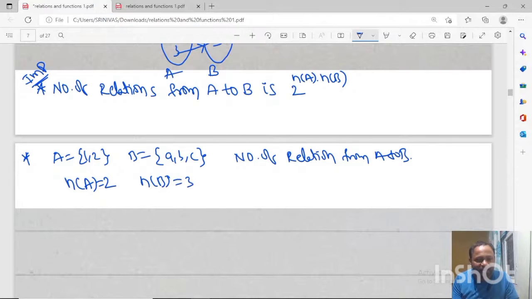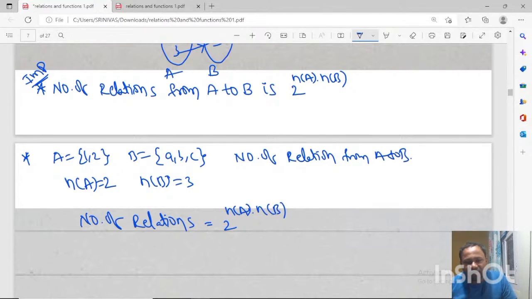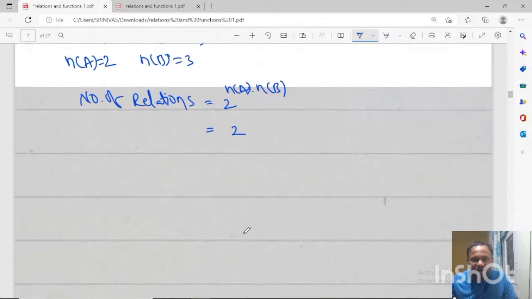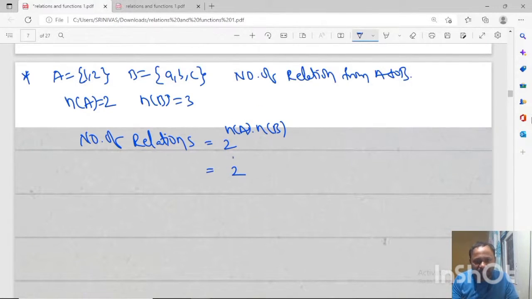So what is the formula? Number of relations is 2 power n of A into n of B. Just substitute: 2 power n of A, that is 2, into n of B, 3, that is nothing but 2 power 6, which is 64.